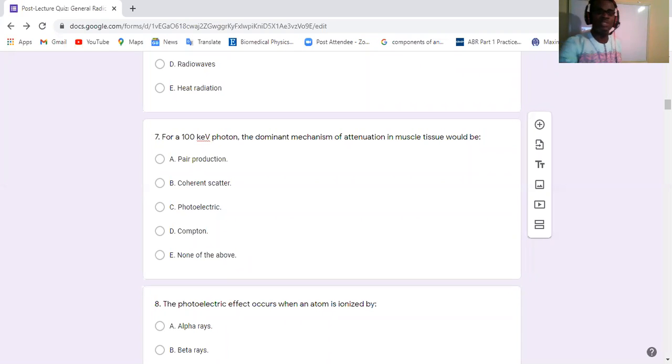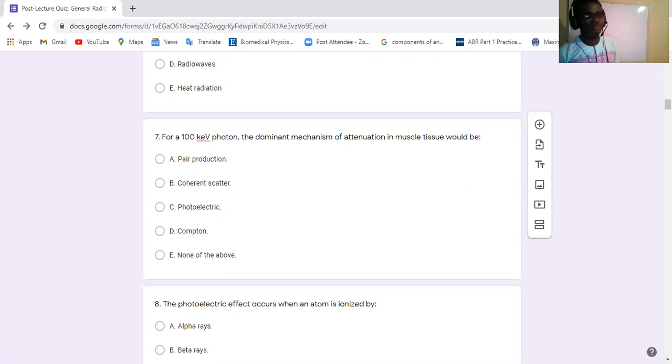For a monoenergetic 100 keV photon, the photoelectric effect will not increase, because we wouldn't have that K-edge contribution, the improvement of the photoelectric effect due to the K-edge.